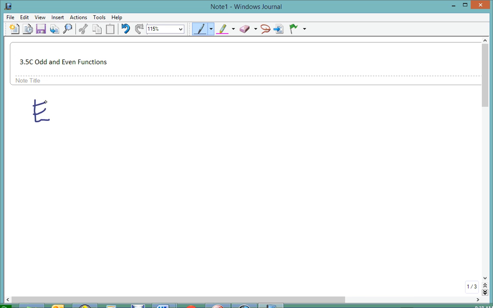So the definition for an even function is that if I plugged in negative x, I would get the same thing as if I plugged in x. Let me give you some examples of that.